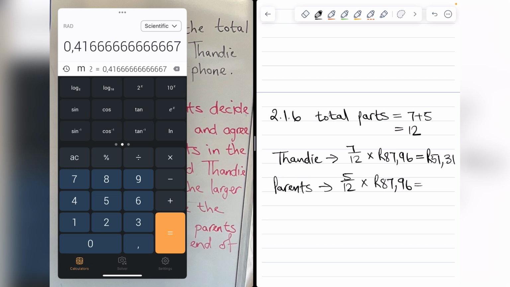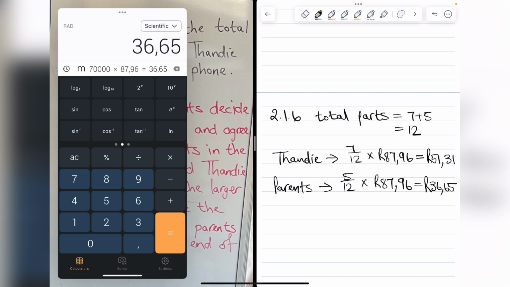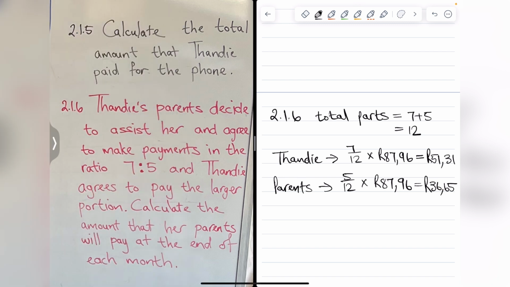So that is 5/12 multiplied by 87 Rand and 96 cents. And that means Thandi's parents will be paying 36 Rand and 65 cents. And if you add the two together, it should give you 87 Rand 96, which is the total monthly payment. And that is basically 2.1.6.